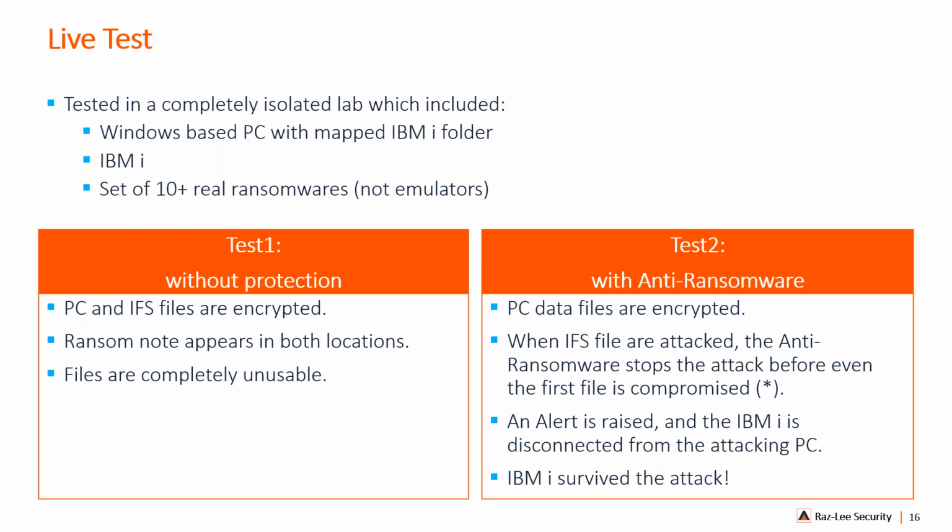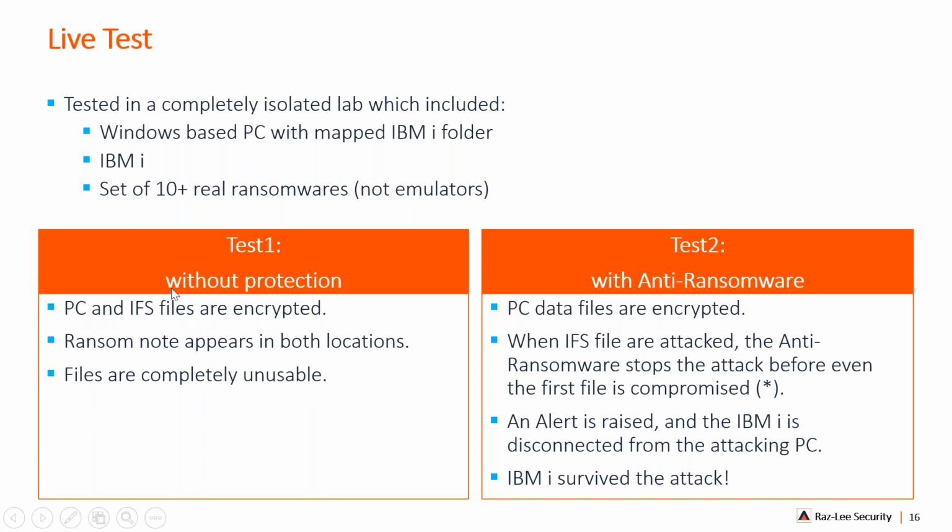And we have a set of quite a number of real live ransomware, things which you wouldn't like to find in your organization. But we have to test our solution. So we usually test our software under different scenarios, and the results are the following.